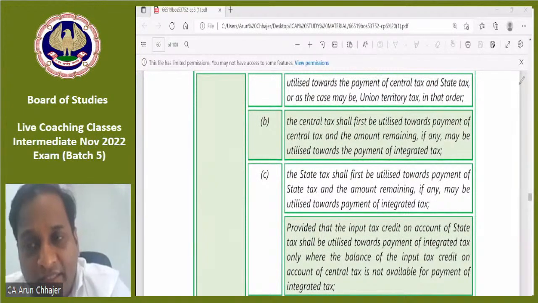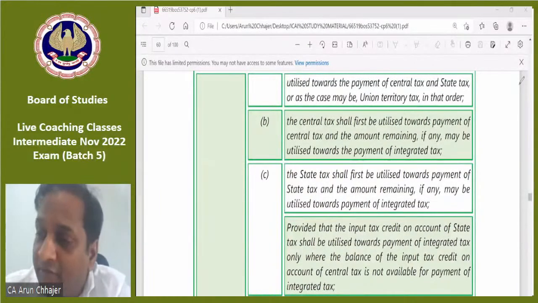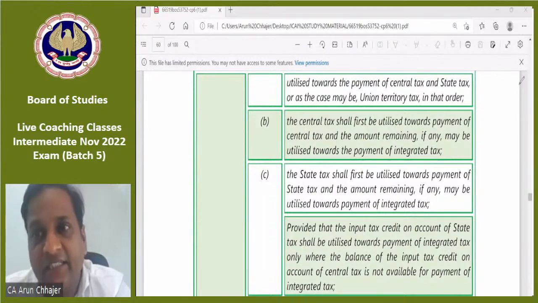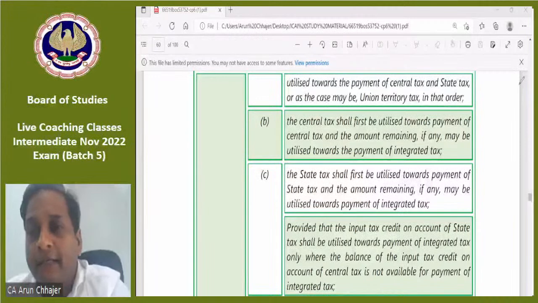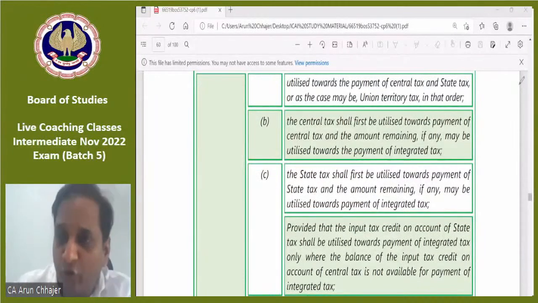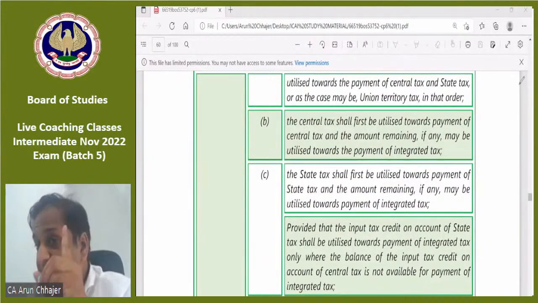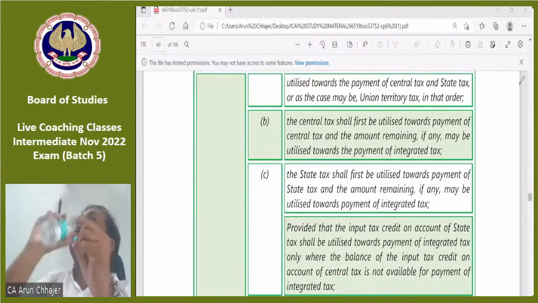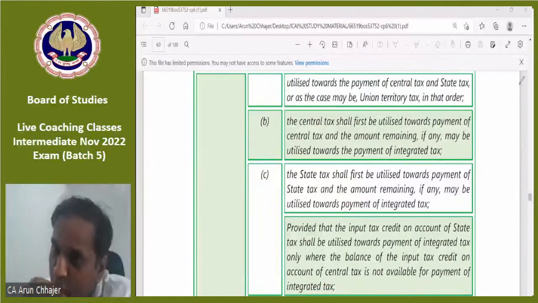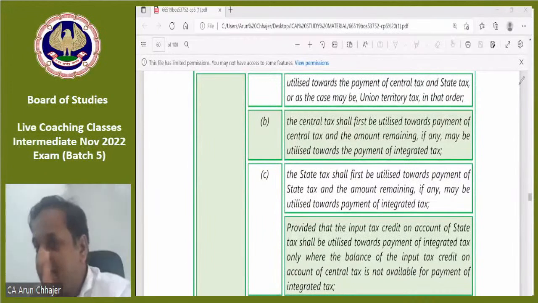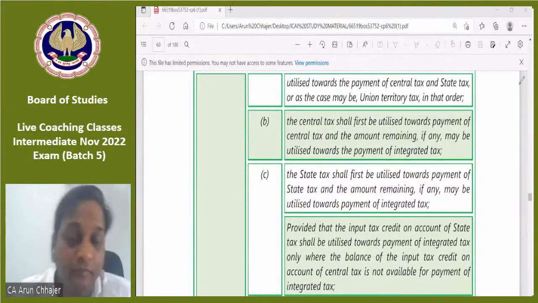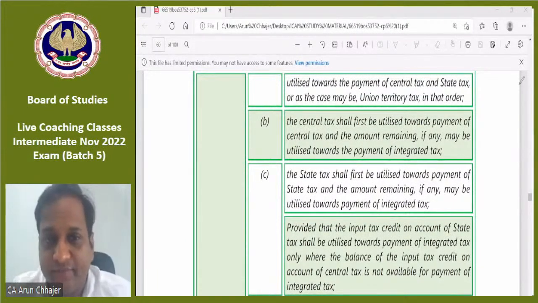But this is my question to all of you, kindly give me the answer: whether SGST ITC can be used towards the CGST tax liability. Awaiting your answer.